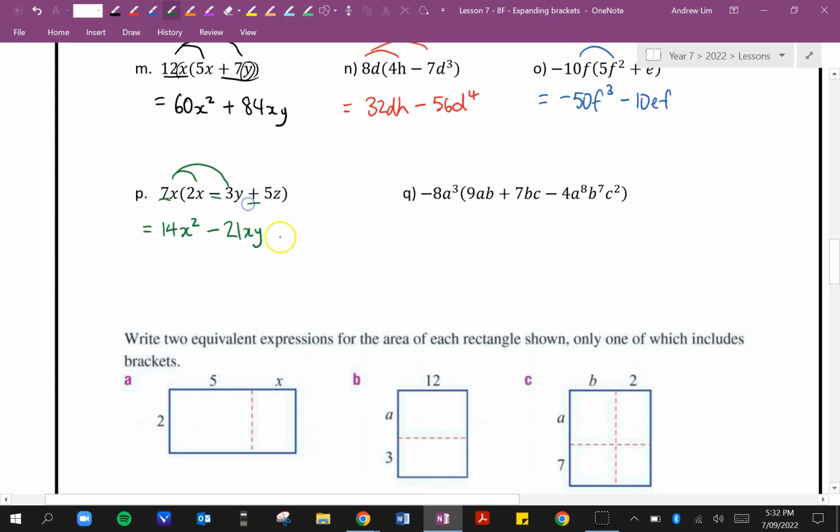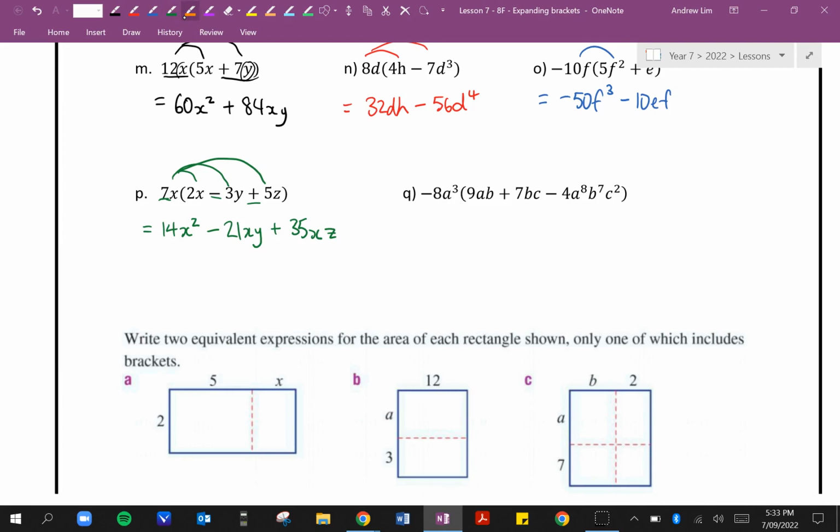Positive times positive is positive. 7x times 5z is equal to 35xz. And I like to write my z's with a line through it, otherwise it might look like a 2, and I don't want to confuse myself. So that's what I do.